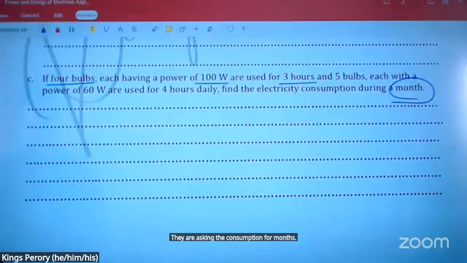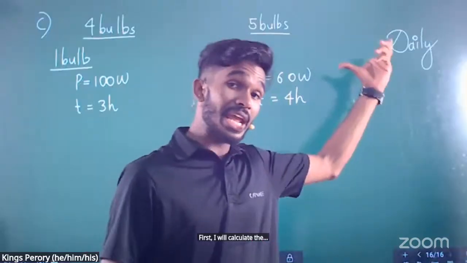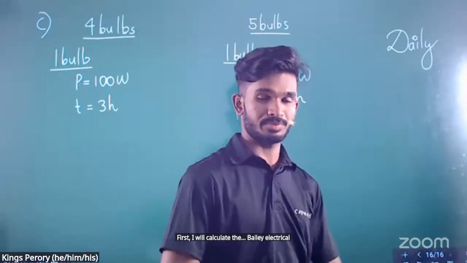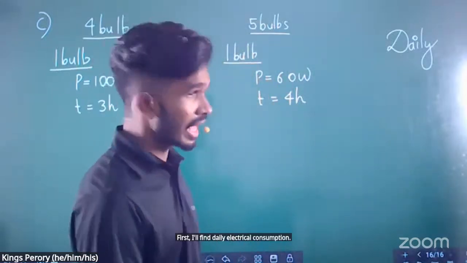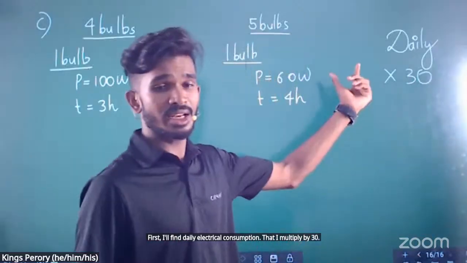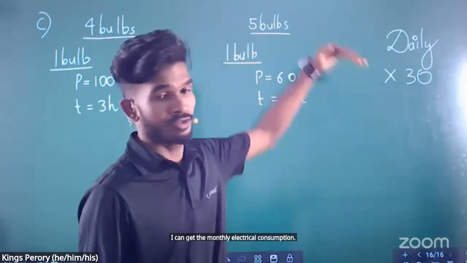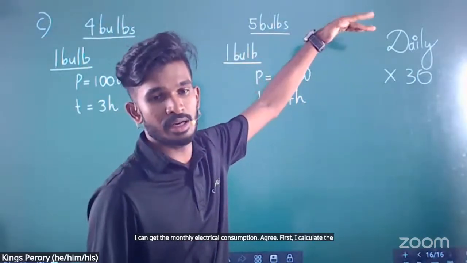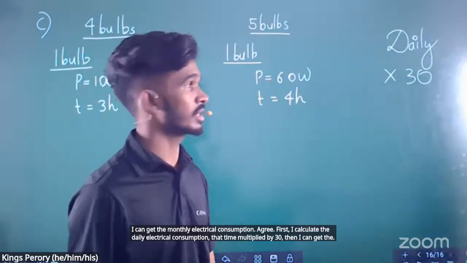What I will do is, first I will calculate the daily electrical consumption. That I multiply by 30, then I can get the monthly electrical consumption.